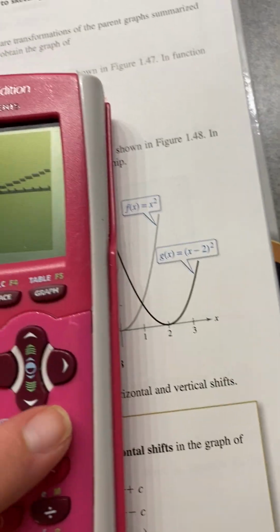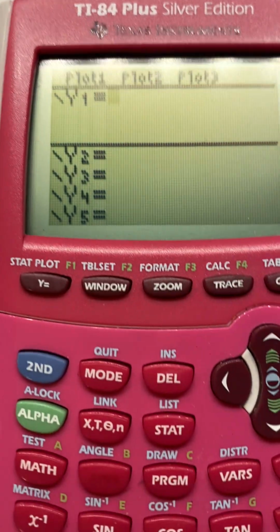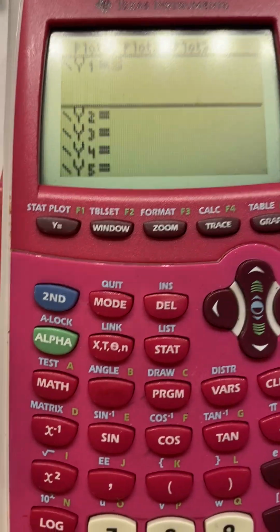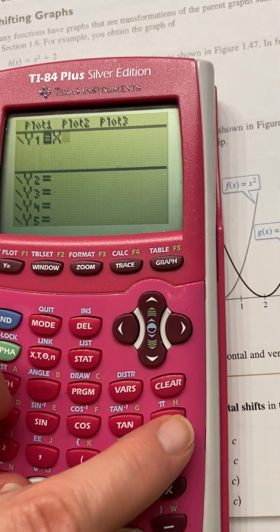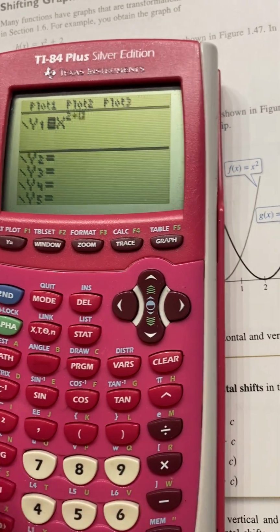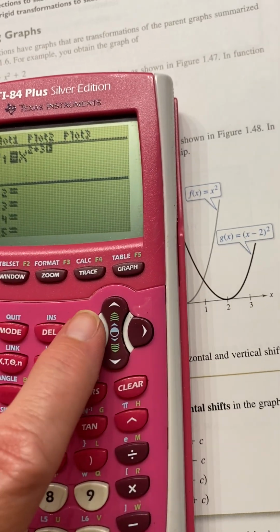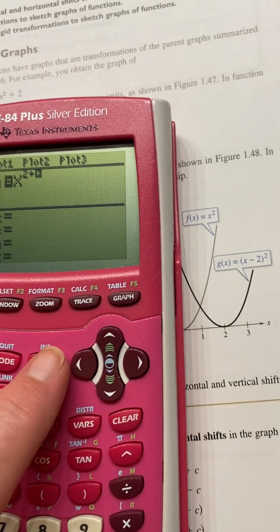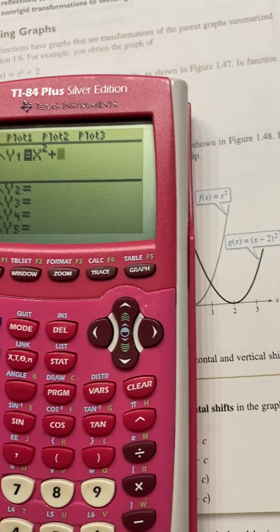Okay, so let's clear this out. Let's go up to our y equal and clear this out. So let's take our basic function of x squared. So if I have y equals x squared plus 3, scooch over first, plus 3.